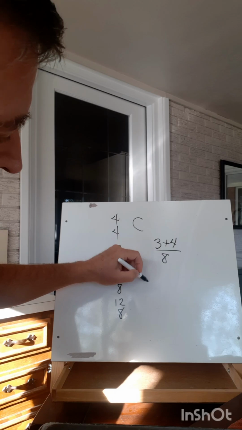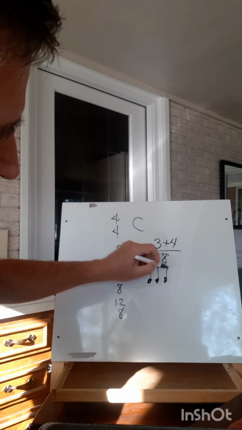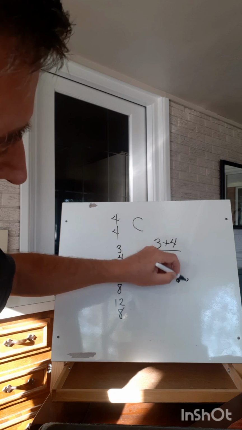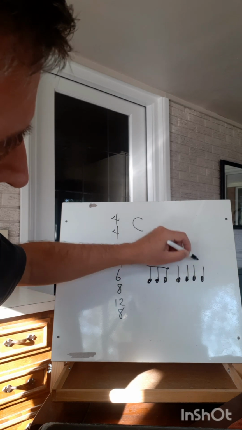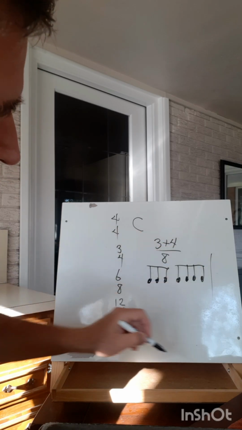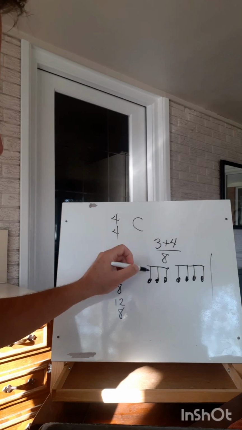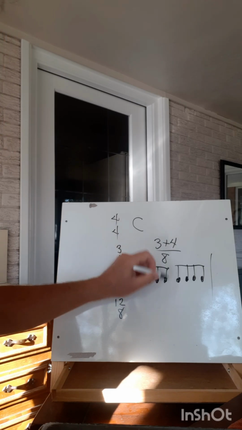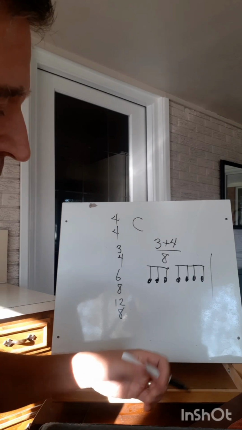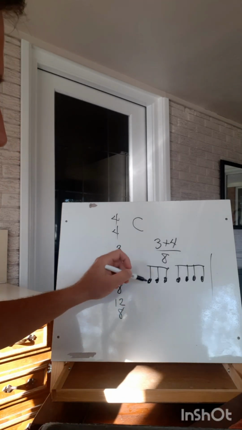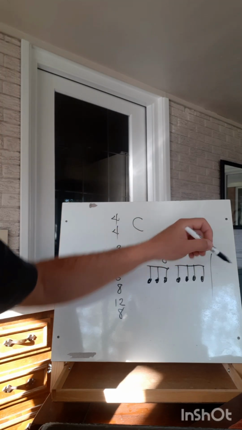And so you would beam these 3/8 together and then 4/8 are beamed together. And so that's your measure. It's basically the same thing as writing 7/8, but they wanted to make sure that you understood that the first 3 are grouped together and then the last 4 are grouped together. And that's how you perform it as a musician. You would go da da da da da da da da da da da da da.